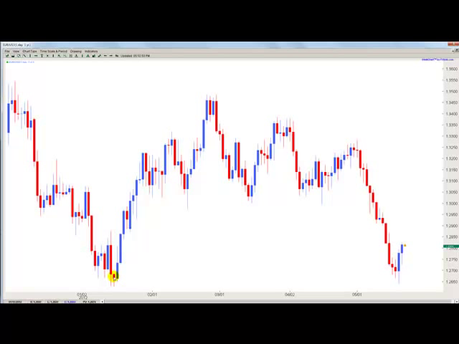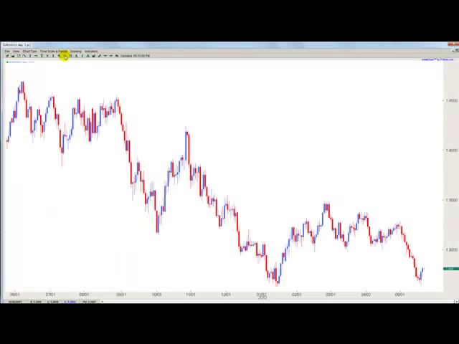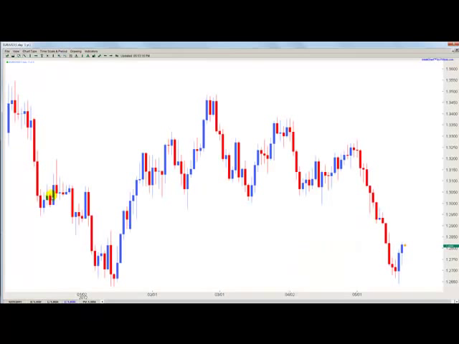When you see a small body up top and a long wick below, that's called a hammer candle, and that's typically known for a bottoming period. Let me see if I can find one that's a topping pattern. This one right here is a short-term topping because we had a rally up here.